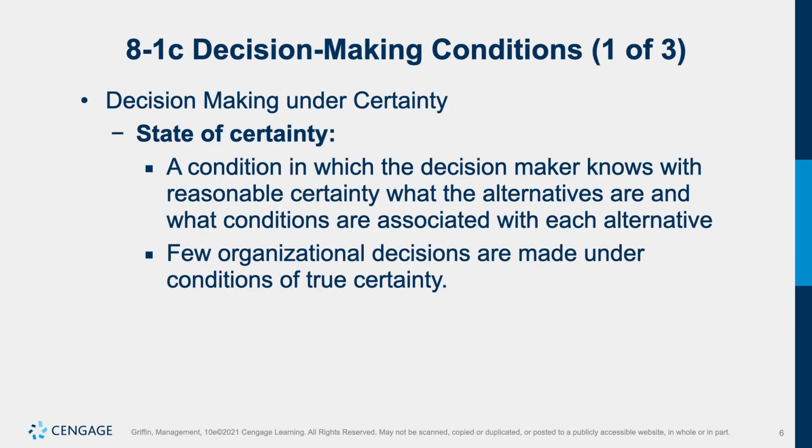Decision making conditions: decision making under certainty. This is a condition where the decision maker knows with some level of certainty that the alternatives that have been chosen are, to a large extent, exhaustive, right?